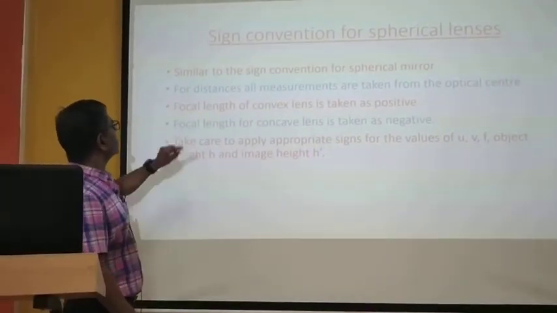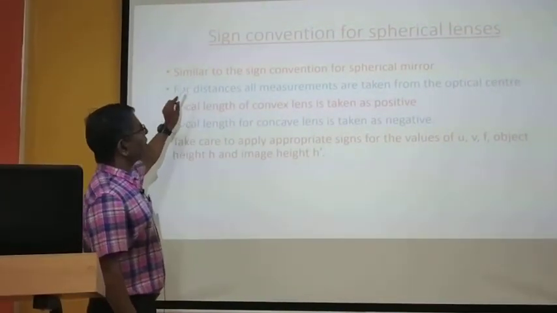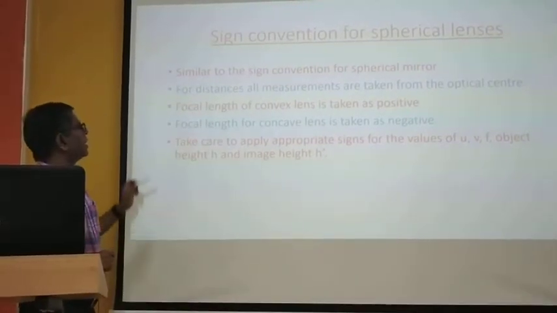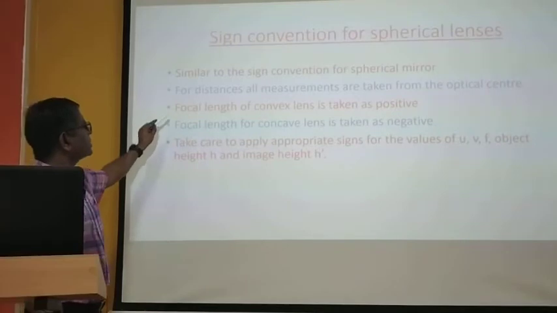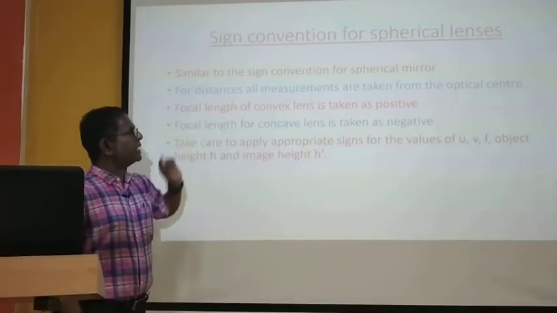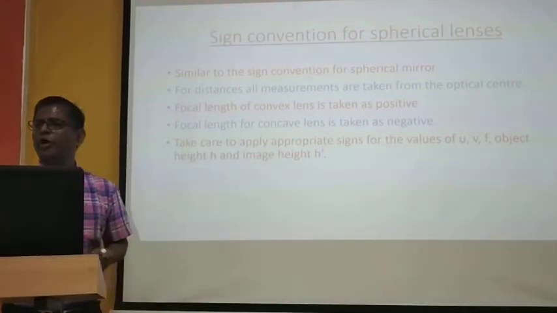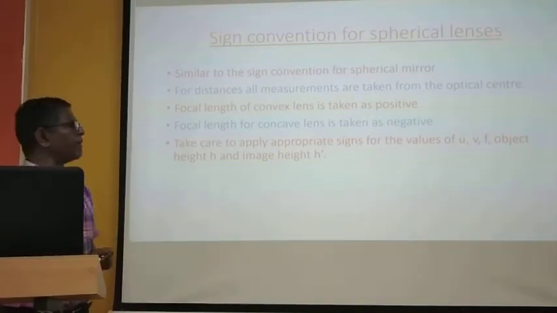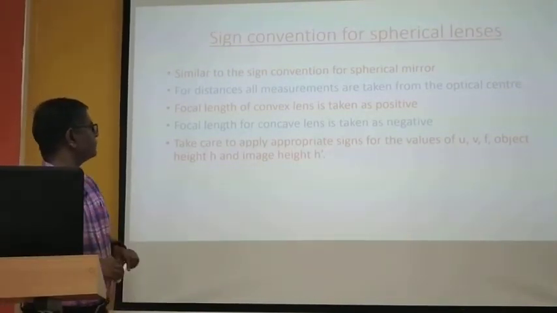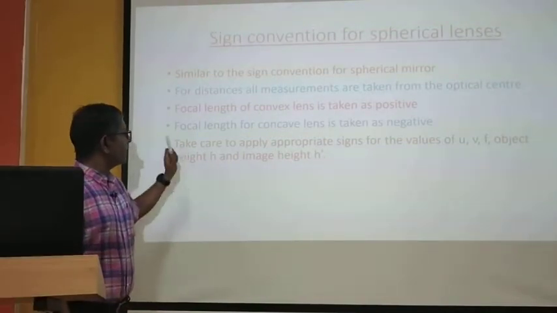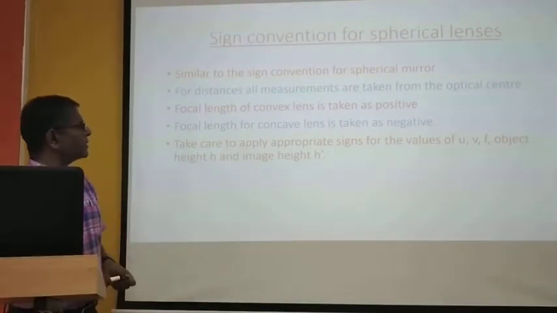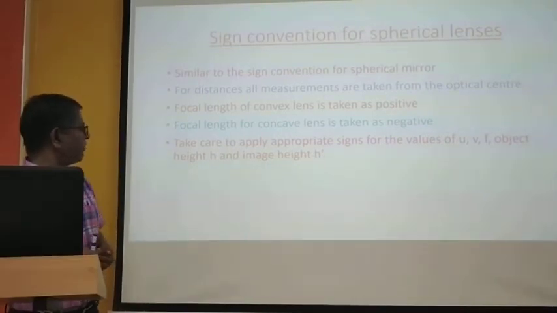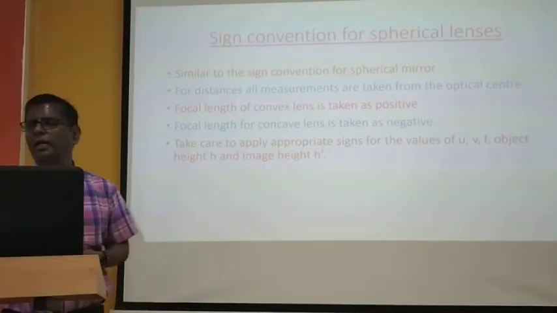You have to keep in mind that all the distances are measured from the optical center, which is O, and the focal length for a convex lens is always positive, and the focal length of a concave lens or diverging lens is negative. So take proper care for the sign values of u, v, f, and the object height.